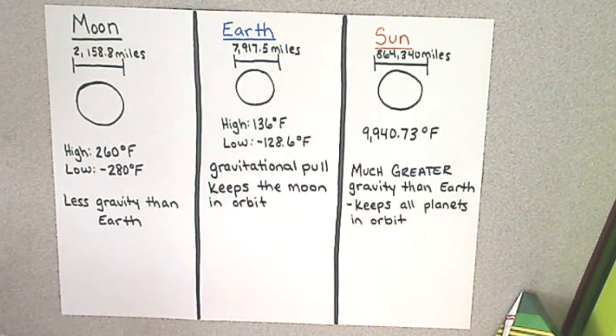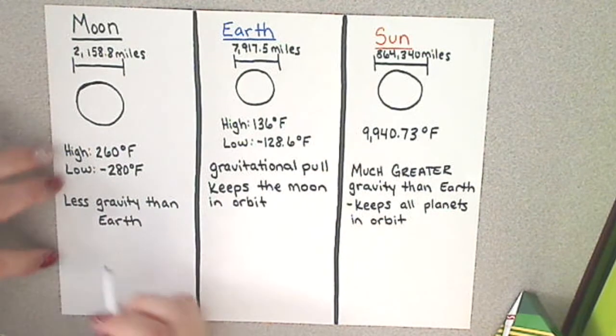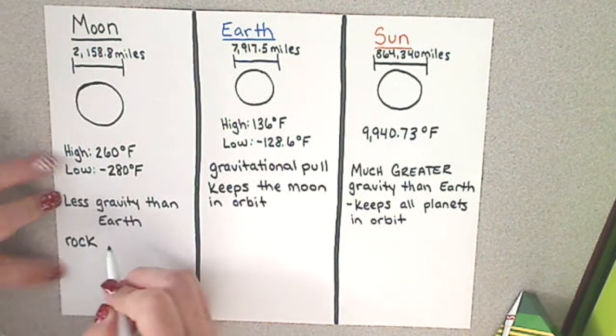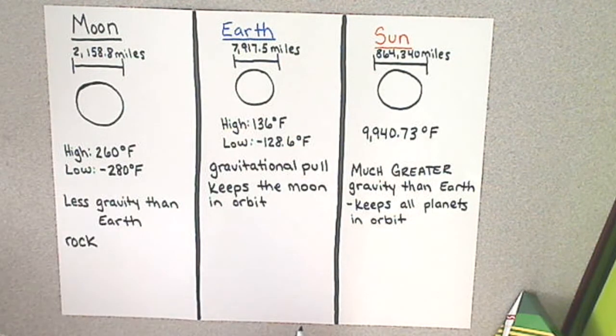Composition means what are these celestial bodies made of? Okay, so the moon is pretty straightforward. It's rock. There are many theories about how the moon came into creation.